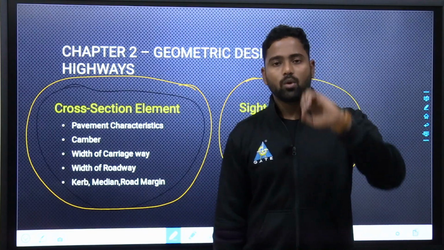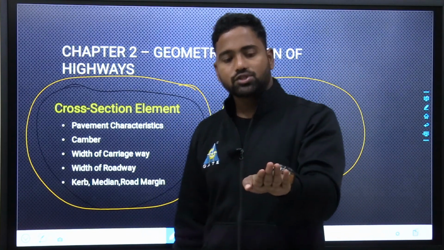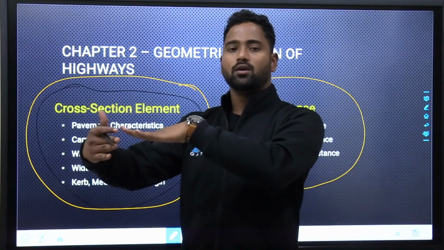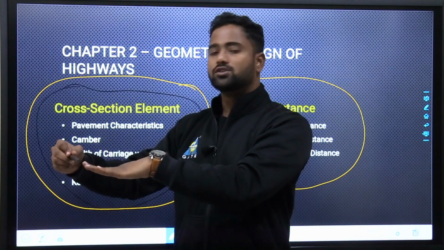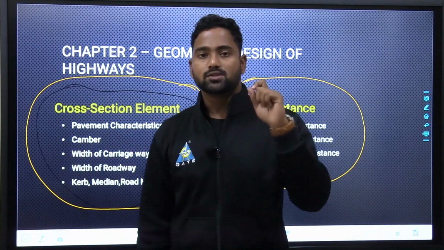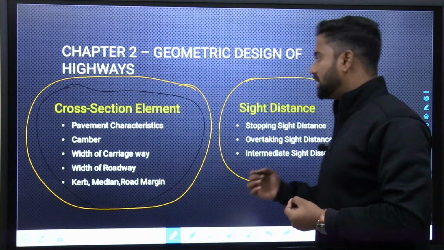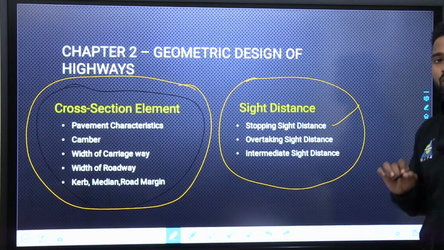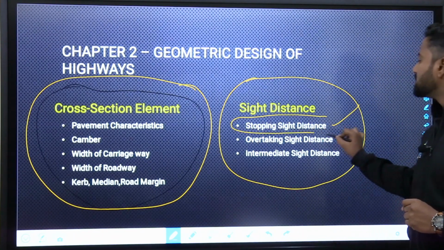In order to avoid the accident, you should apply the brake just before reaching the object. If there is an object over here, you apply the brakes, the vehicle goes and it should stop over here. That is stopping sight distance. How exactly you are going to find out the stopping sight distance, what is lag distance, what is braking distance, all those things we will be discussing in stopping sight distance.